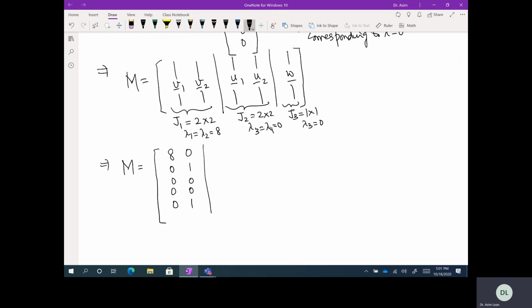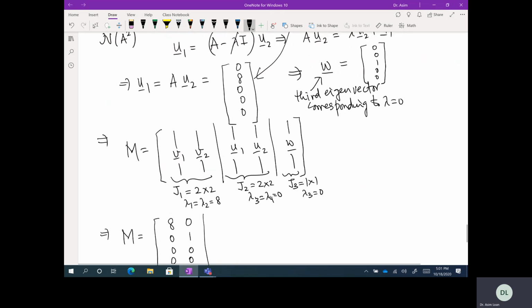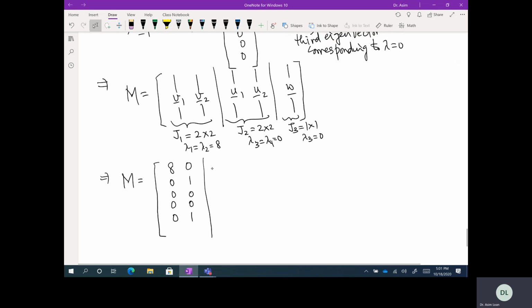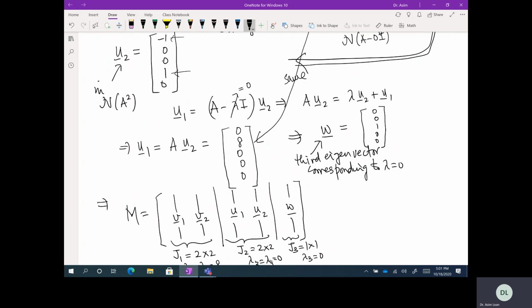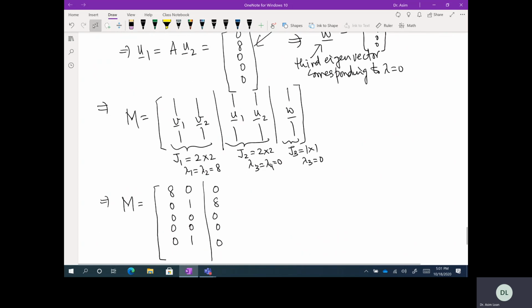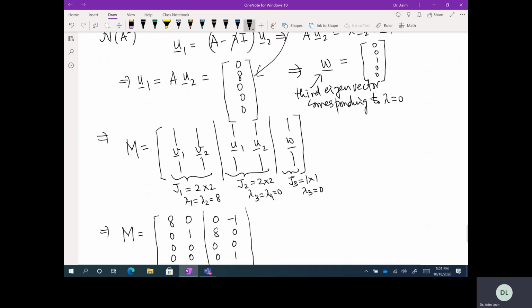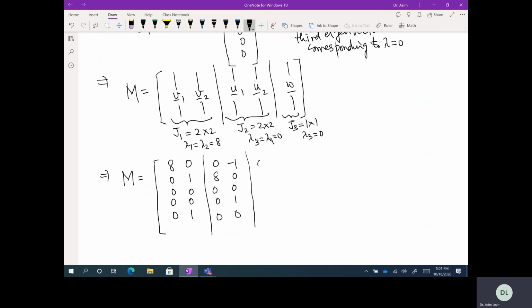And then I have u1, which is 0, 8, 0, 0, 0. u2 is minus 1, 0, 0, 1, 0, and finally this w is 0, 0, 1, 0, 0.